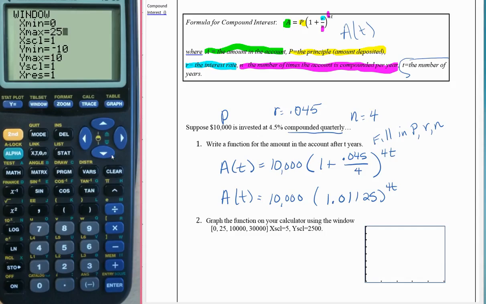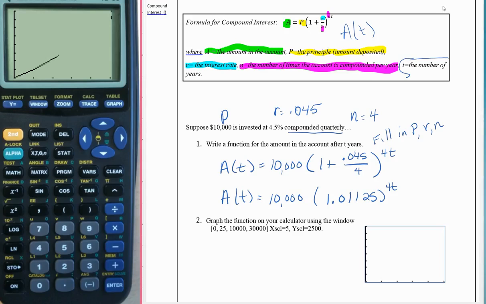It tells us to make our x scale 5, and 10,000, 30,000, and our y scale of 2,500.